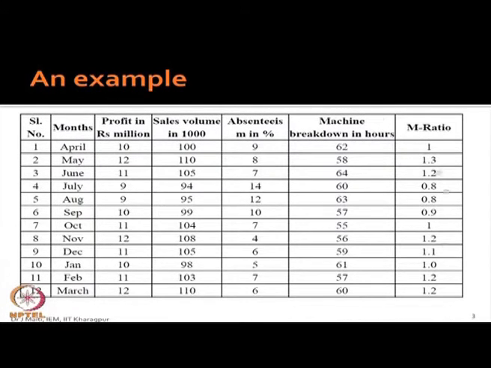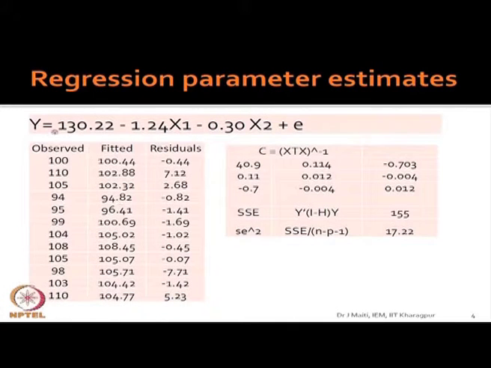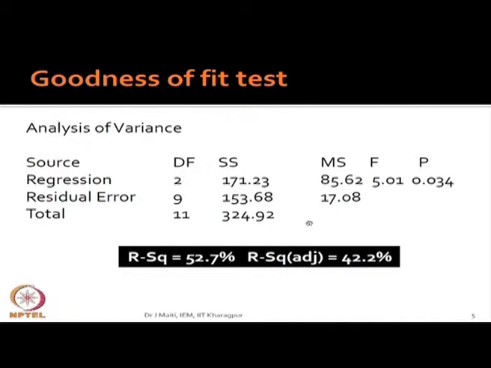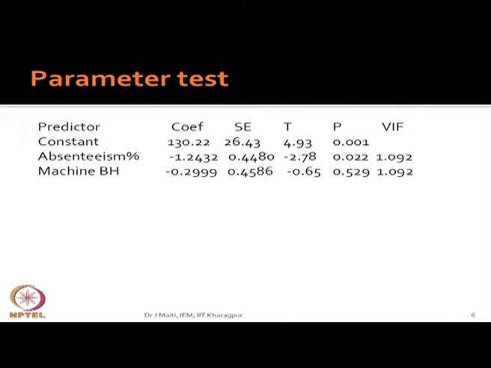We have taken this data set, then fitted the regression equation with sales volume y, machine breakdown hours x2 and absenteeism x1, and these are the observed values, the fitted values and residuals, and this is your X transpose X inverse matrix, which we have used to calculate some of the regression statistics. Analysis of variance we have completed. We have also completed the parameter test.